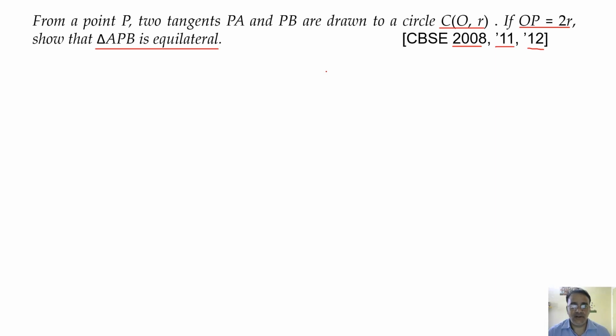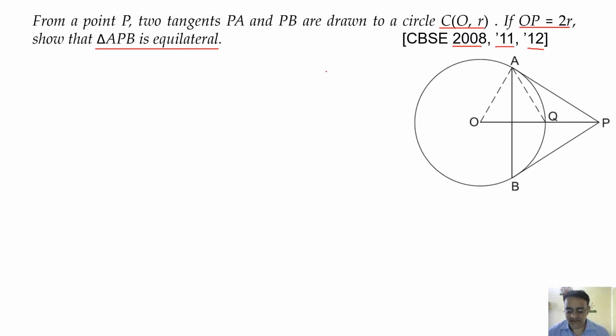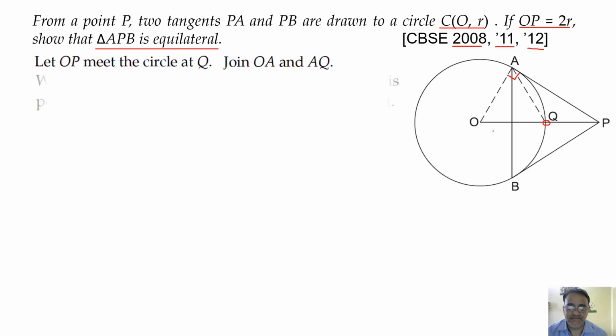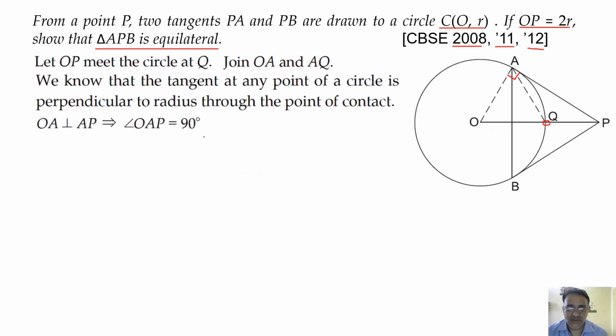See, first we will draw the diagram, okay? So let OP meet the circle at point Q. This is the point, and we know that tangent is perpendicular to the radius through the point of contact. So OA is perpendicular to AP, right? So this angle is 90 degree.